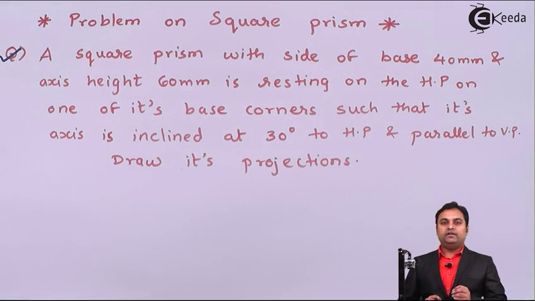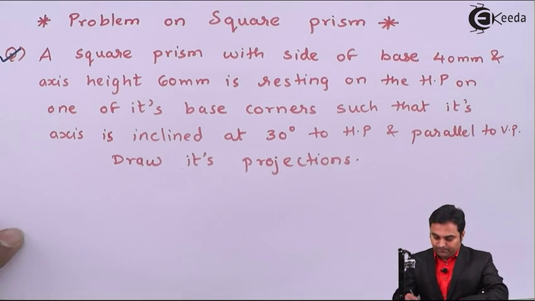Now, by reading the question, first thing I have understood is the type of solid. It is a square prism. So first I'll just draw a rough diagram of a square prism.